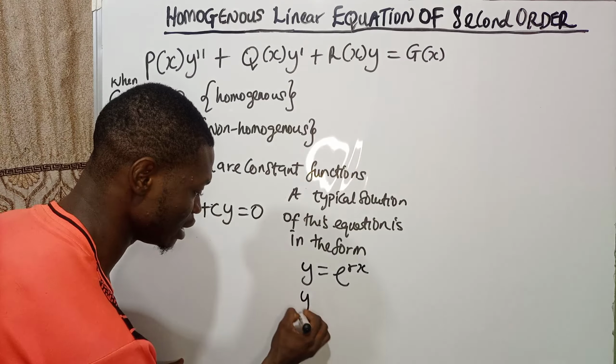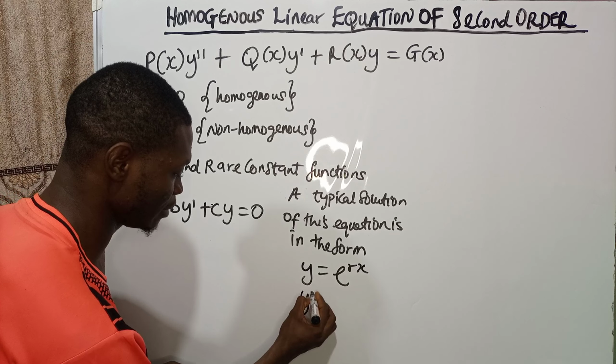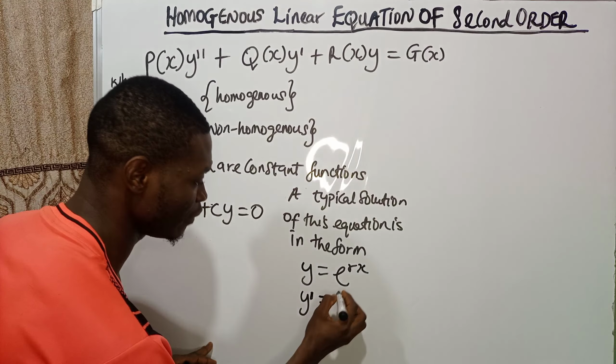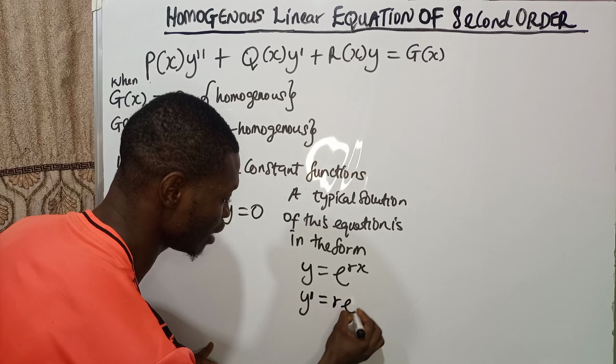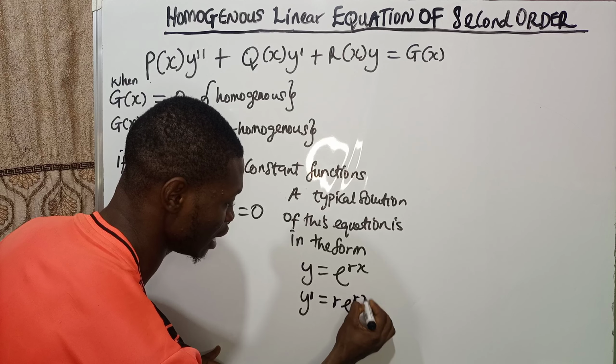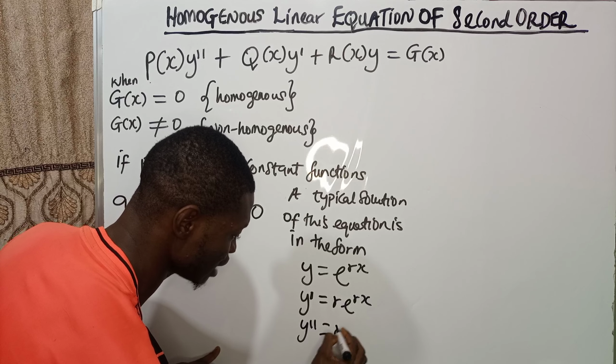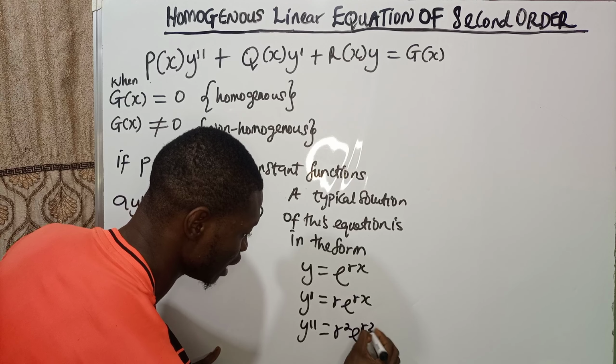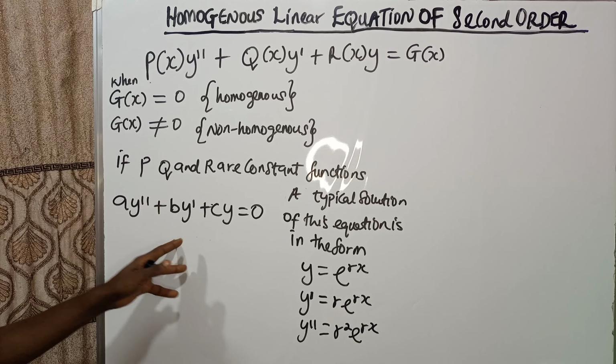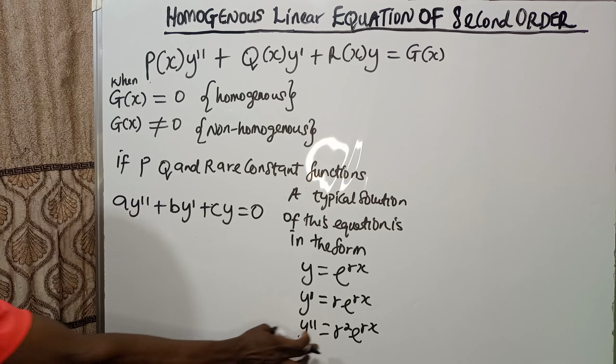Now if you differentiate this, that's y prime, the first derivative, we are going to have r exponential rx. The second derivative will give us r squared exponential rx. So we can replace it anywhere we see this.